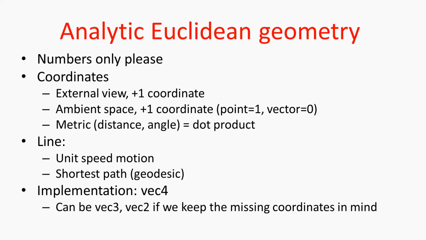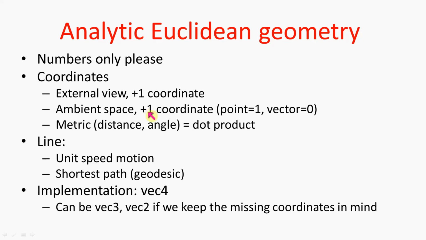It might be surprising, but we took an external view, which means that when we have a space, either two-dimensional or three-dimensional, we embedded this space into a higher dimensional space, and we call this higher dimensional space the ambient space. So the ambient space is three-dimensional when we deal with two-dimensional Euclidean geometry, and the ambient space is four-dimensional when we consider three-dimensional Euclidean geometry.